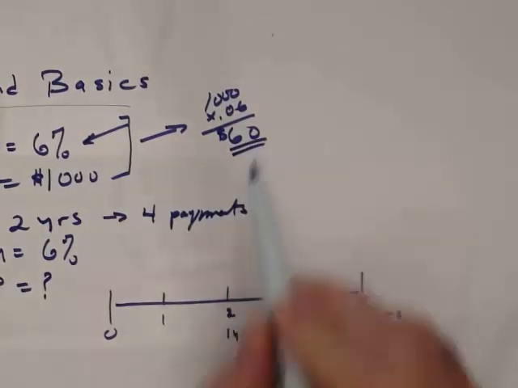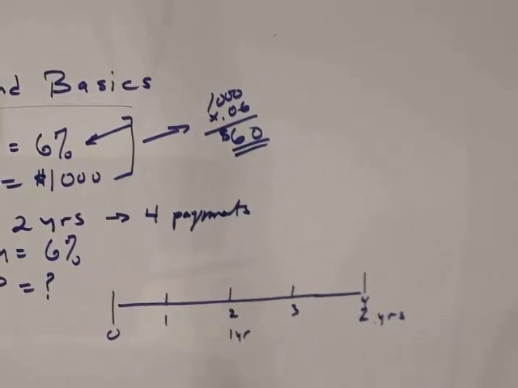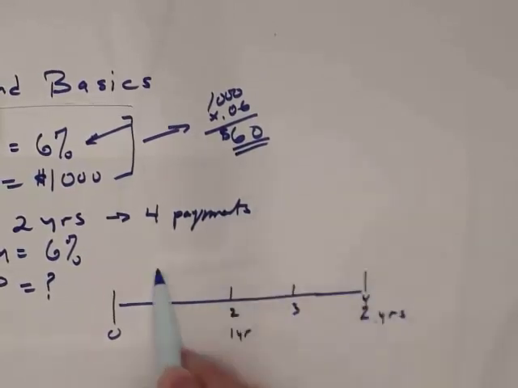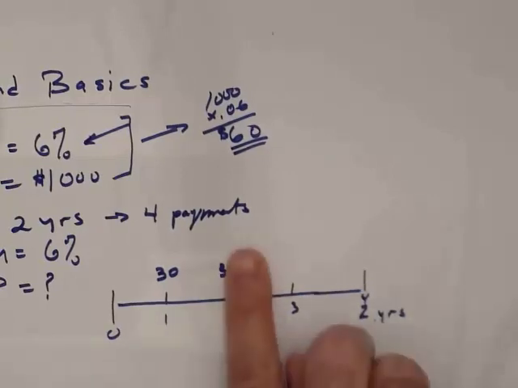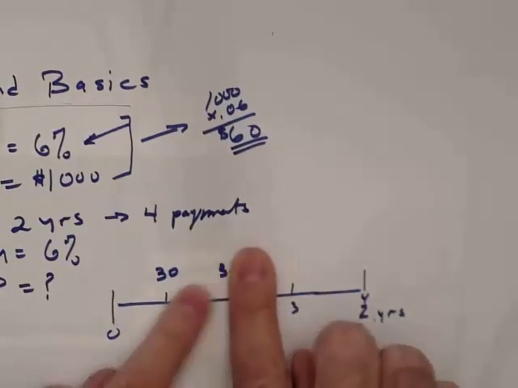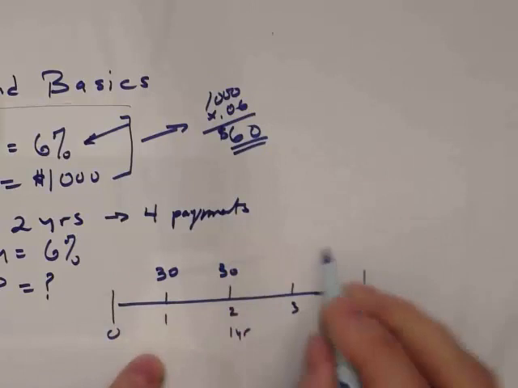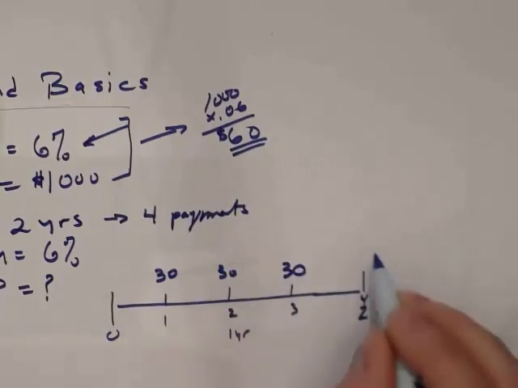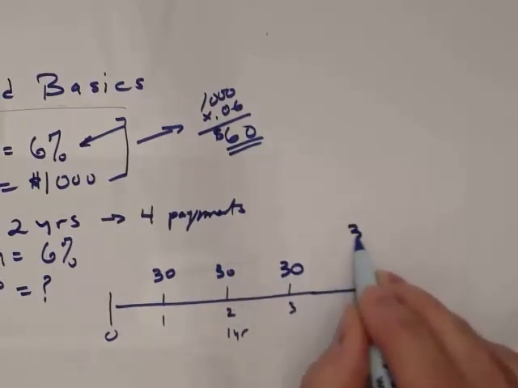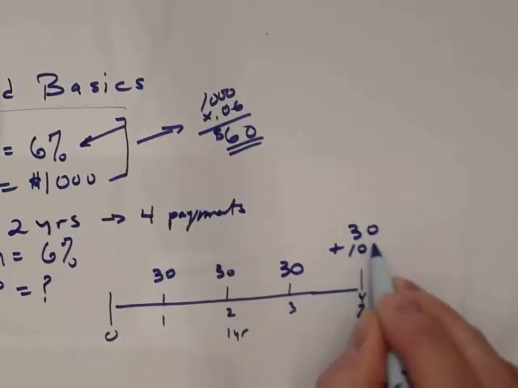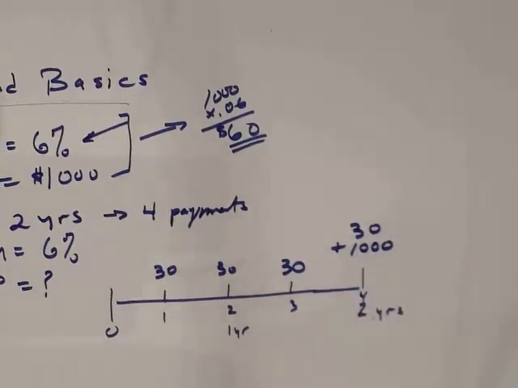But the bond pays semi-annually, so it's going to pay $30 and $30. In the first year, it pays $30. And then it's going to pay $30 again, and when the bond matures, it's going to pay the last coupon plus its face value of $1,000.